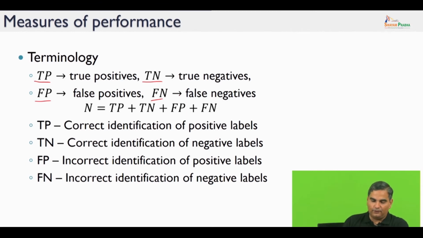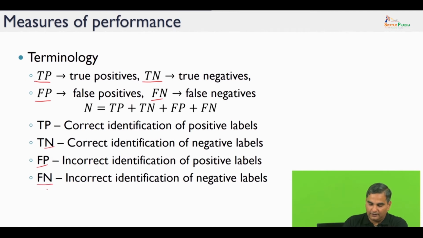As I mentioned before, if we say TP, the prediction is positive and the true condition is also positive. So this is correct identification of positive labels. TN, the prediction is negative and that is the truth, so correct identification of negative labels. FP, the prediction is positive and it's false, so incorrect identification of positive labels.